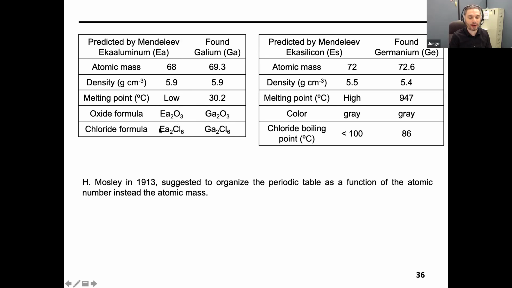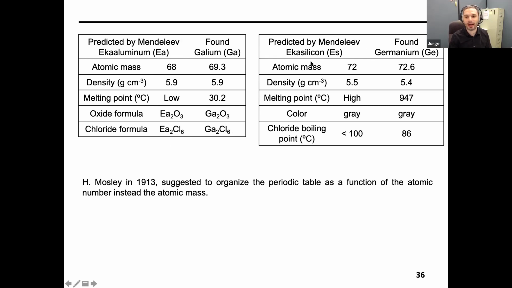The chloride would be 2 eka-aluminums to 6 chlorides, and that's exactly what gallium forms. So the predictions by Mendeleev were really, really impressive without even knowing about the element.